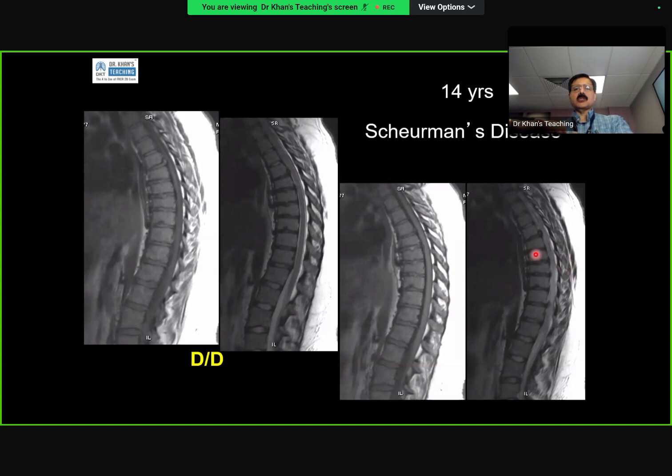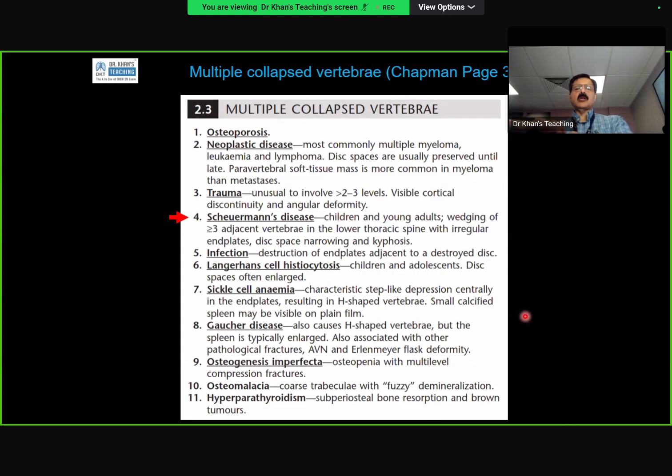So this is Scheuermann's disease, and by definition, from your book, multiple collapsed vertebrae, in children and young adults, wedging of more than 3 adjacent vertebrae in the lower thoracic spine with irregular end plates, disc narrowing, and kyphosis.